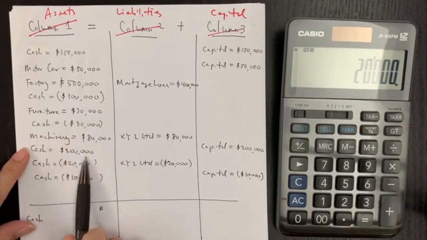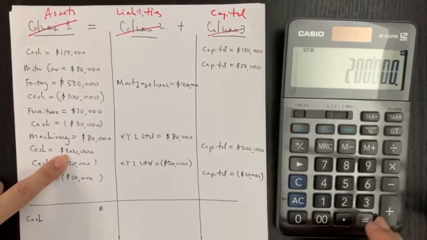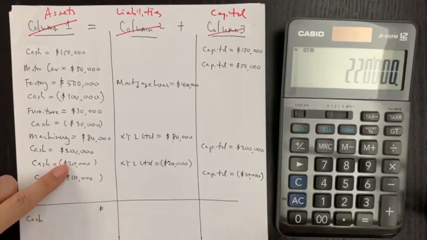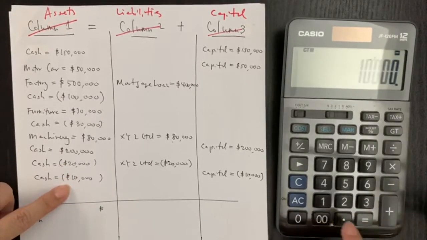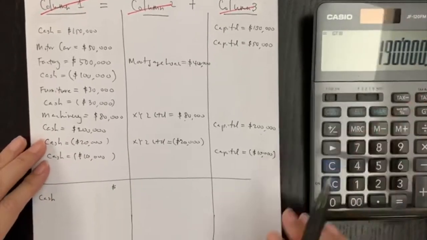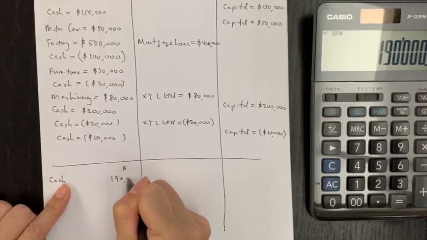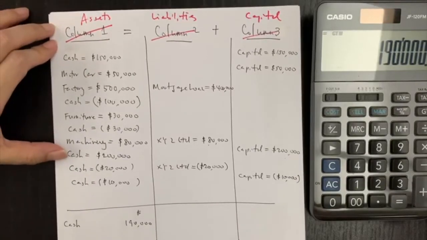Okay, and any cash here, so cash without bracket, that means more cash, plus this, and then minus cash and minus cash, so that I minus 20,000, and then also minus 10,000. Okay, so after I use my calculator to sum up one figure for cash, which is 190,000. Right, okay, and let's check what do we have in column 1.